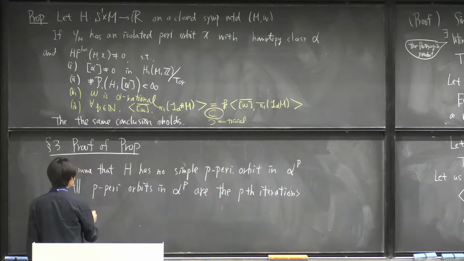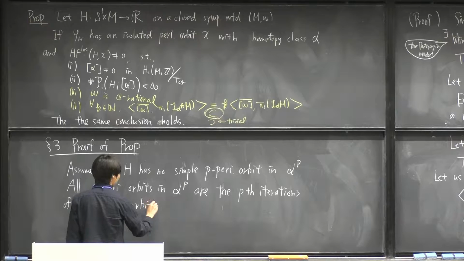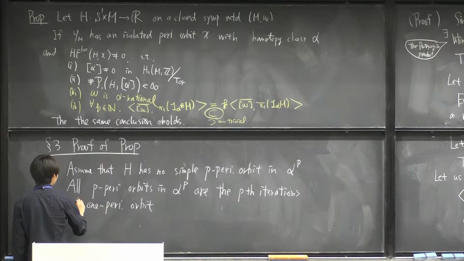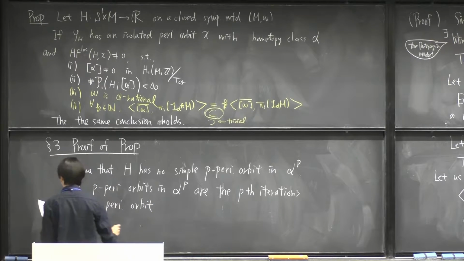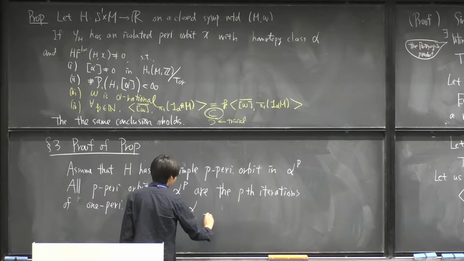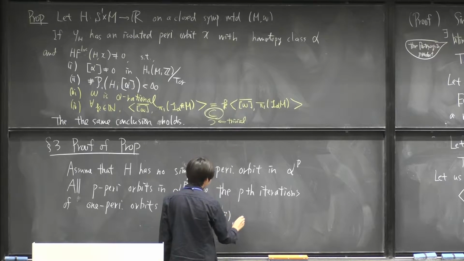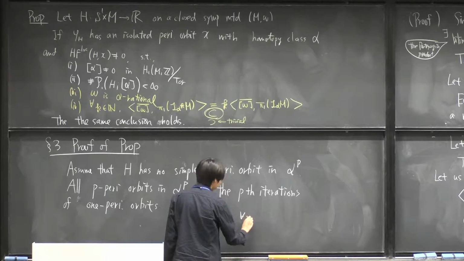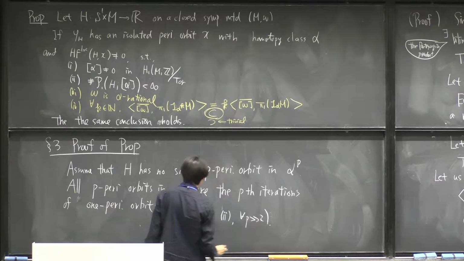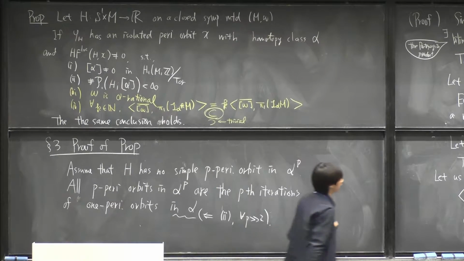As mentioned by Gürel, of one periodic orbits in alpha. Here, we use 2 and 4 for sufficiently large prime p. And the next claim is crucial.